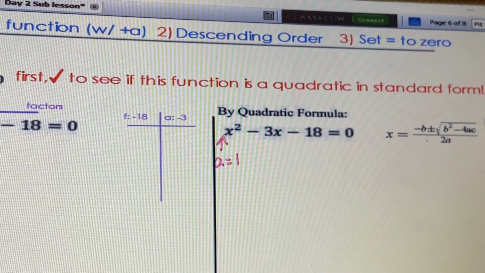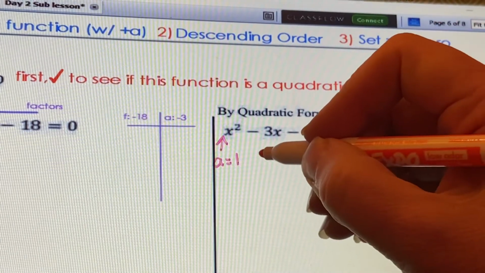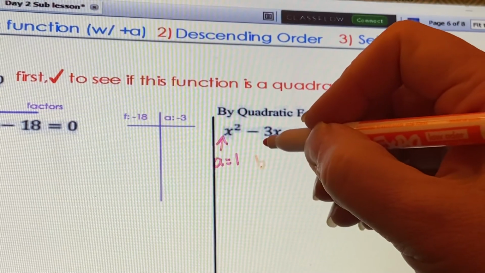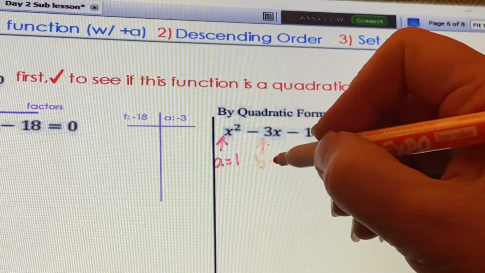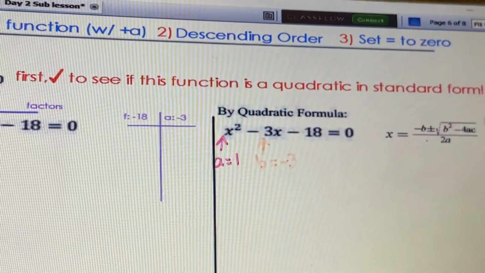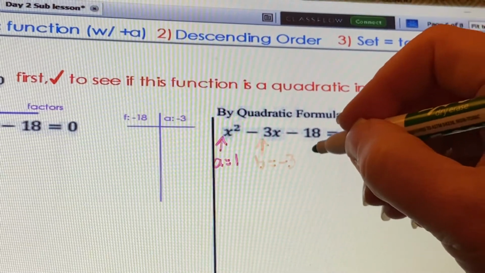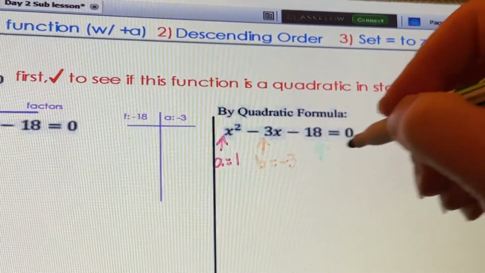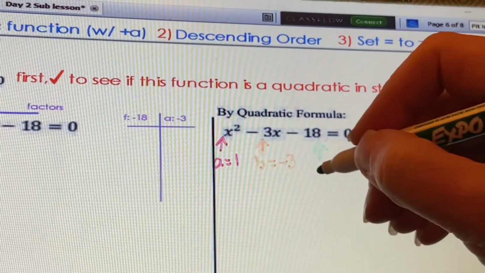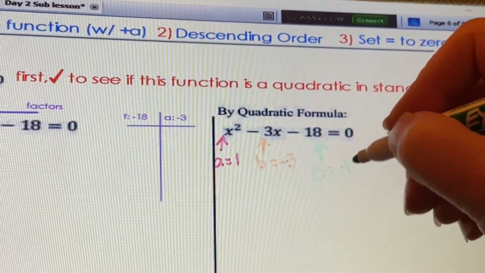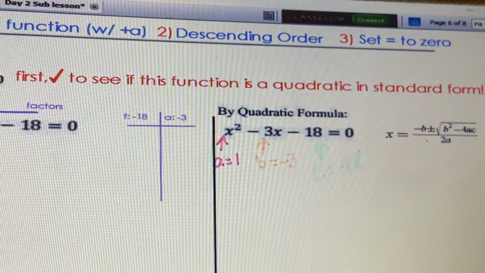Our b is the number in front of your x term. And you take the sign with it. So our b is -3. That's hard to see, I realize that. And our c, oh, can you even see that one? I don't think you can. c equals -18. Well, that's not gonna work, is it?